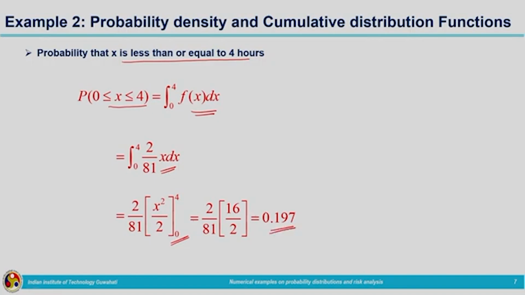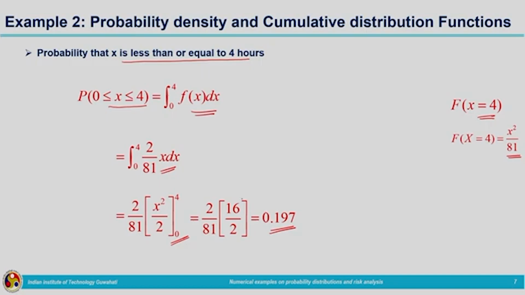This is calculated by making use of the probability density function. Instead of the PDF, we can make use of the CDF also, we can find the value of f of x at x equal to 4. If we substitute in the CDF, which is given by x square divided by 81, with x equal to 4, 4 square divided by 81, that is 16 divided by 81.